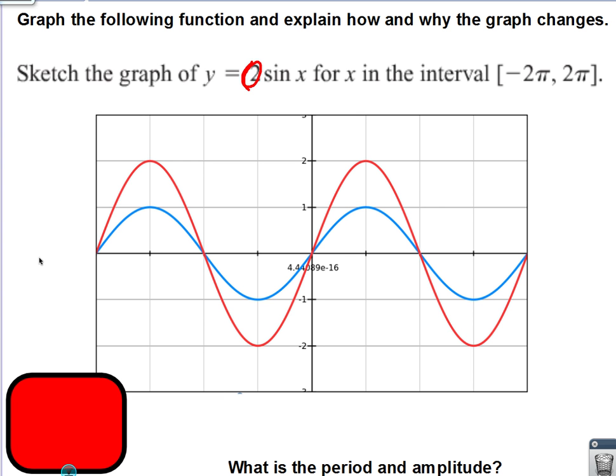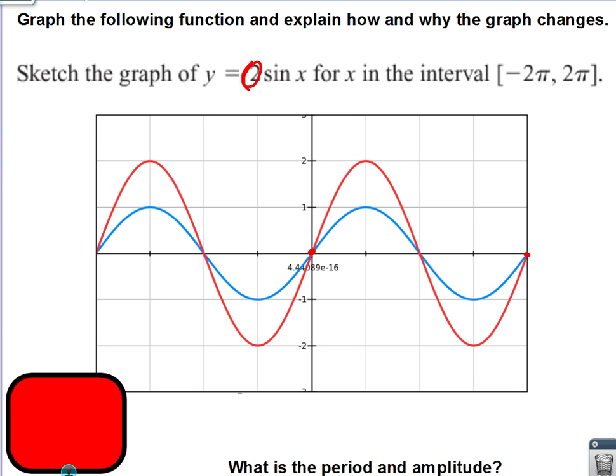Did it change the period of the graph? The period is how long it takes for that graph to repeat. Before, start at this equilibrium point. This blue graph repeated every 2 pi units. What about the red graph? Does it start over after 2 pi? Yes. Stretching something vertically is not going to change the period at all.